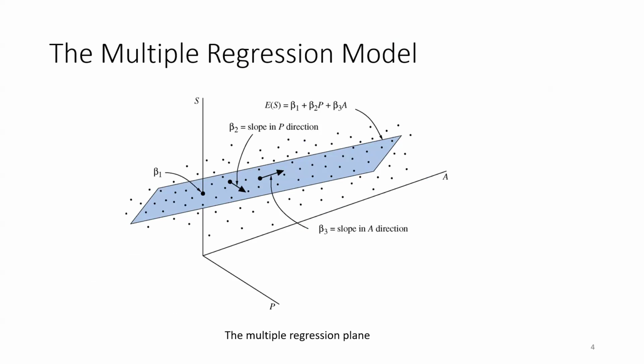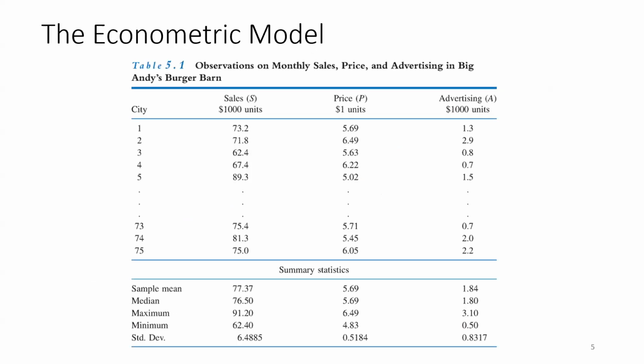Then they gather the data: monthly sales, price, advertising. This is the company, Andy Burger Bar. They collect data from 75 cities: the sales in each city, the price set in each city, and the money spent on advertisement in each city.